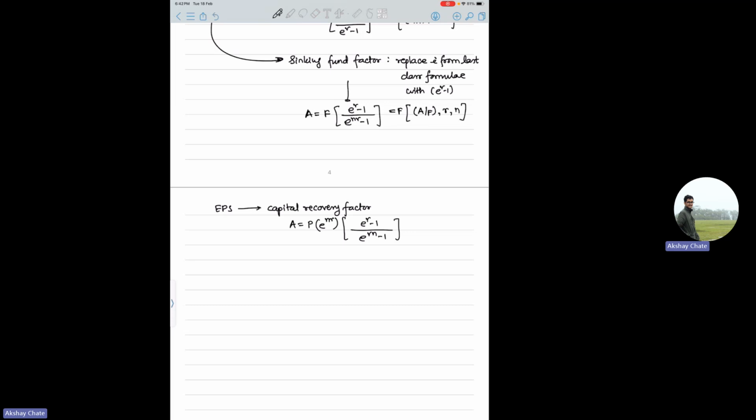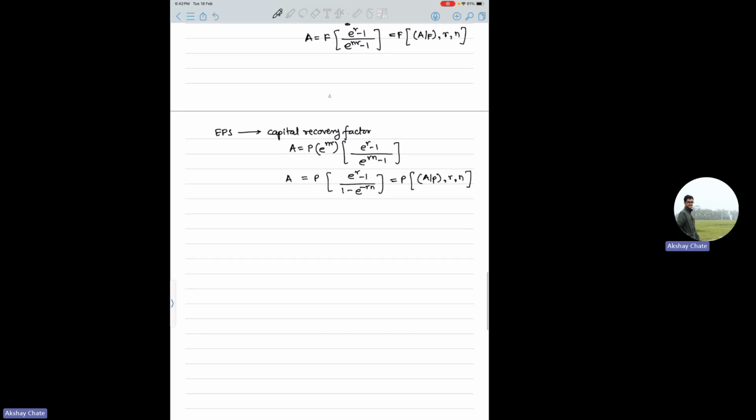Okay, so you can just divide this by e power nr, and then you'll get 1 minus e power minus rn. And now this factor becomes your capital recovery factor. So that is how it goes.